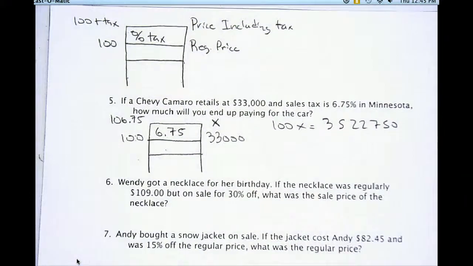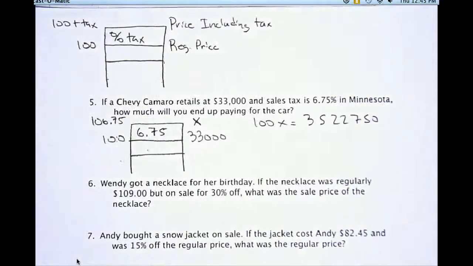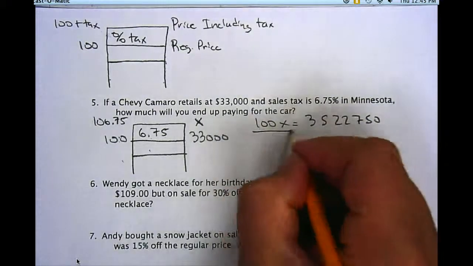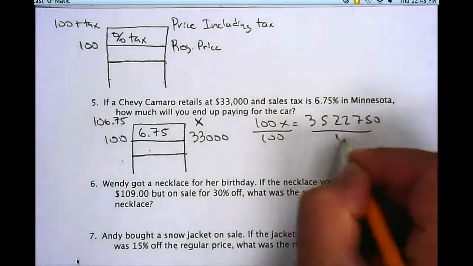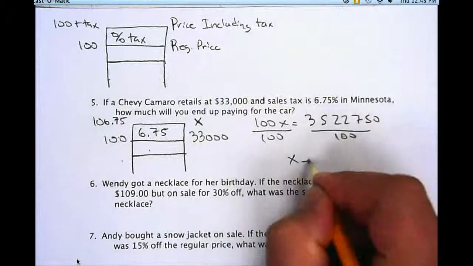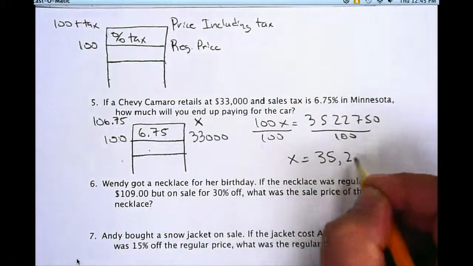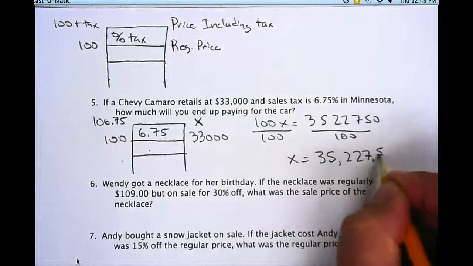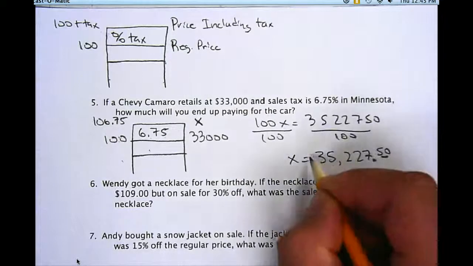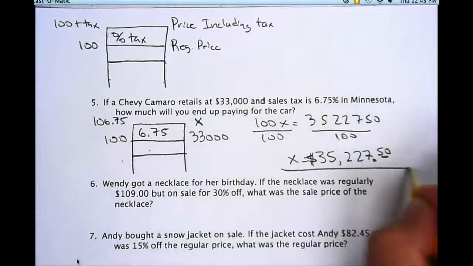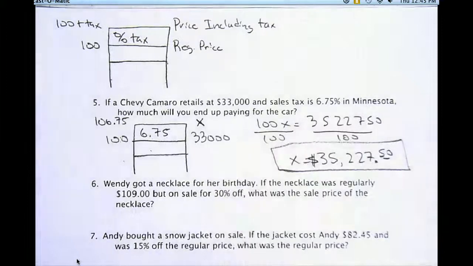Now to solve for the price after the tax, I just divide both sides by 100. And I end up getting x equal to $35,227.50. And that's how I solved that one when I had a price increase.